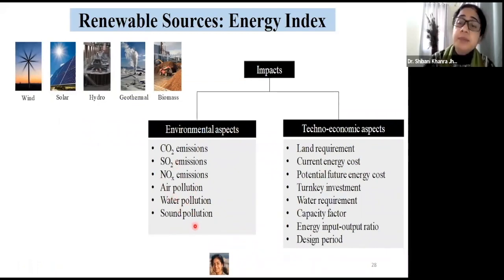And at the same time, they are evaluated on how good they are in terms of techno-economic aspects, for example land requirement, current energy cost, potential future energy cost, turnkey investment, water requirement, capacity factor, energy input-output ratio, design period. So we have taken these aspects into consideration, and each of these alternatives has been evaluated based on these aspects.